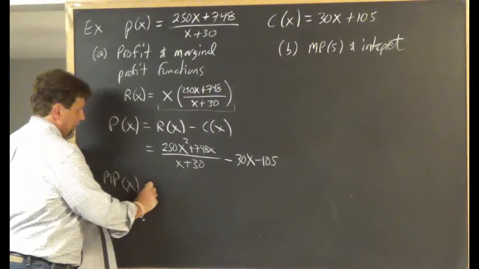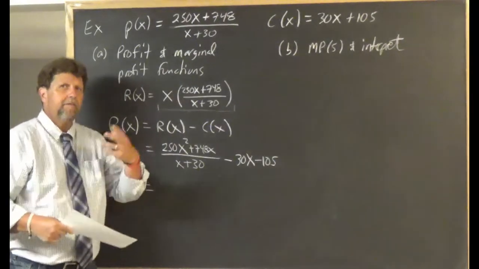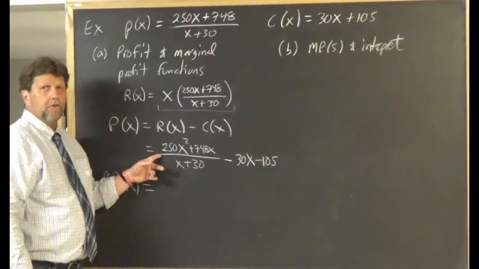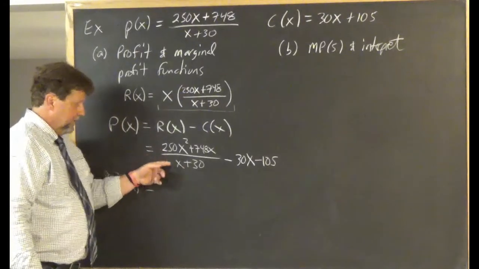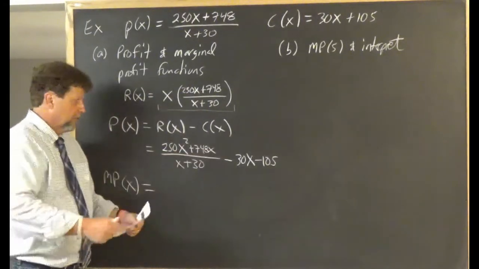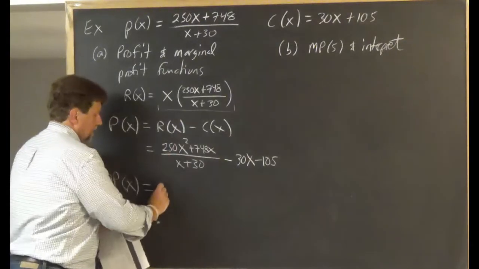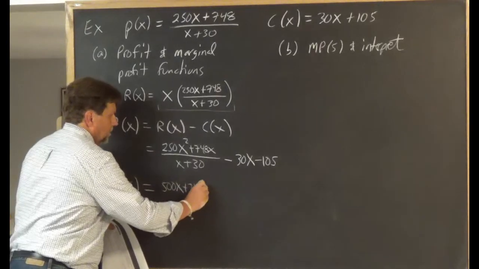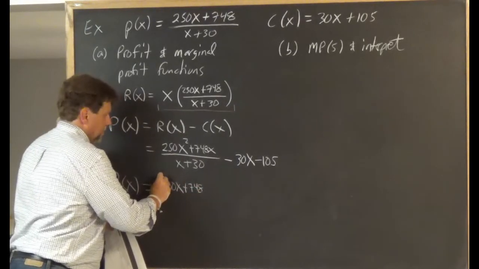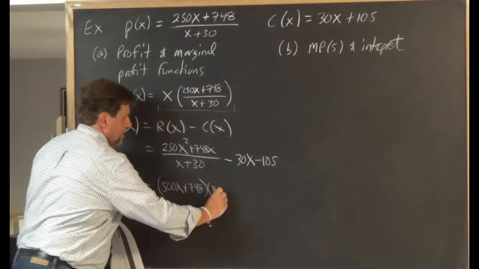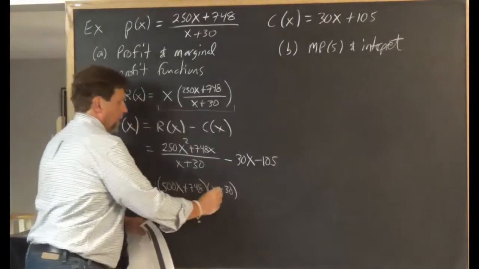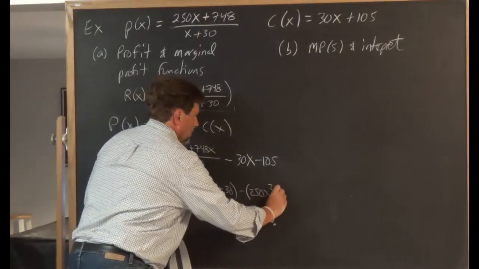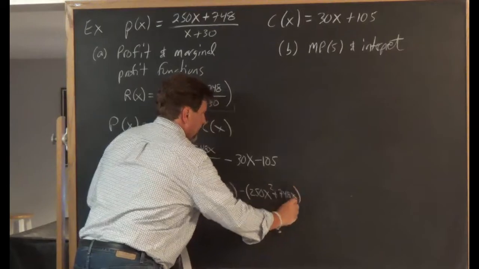So marginal profit, remember, it's just the derivative of the profit function. And we need to use the quotient rule here to get started. So when we differentiate this term, we need the quotient rule. The quotient rule says the derivative of the numerator times the denominator, minus the numerator times the derivative of the denominator.